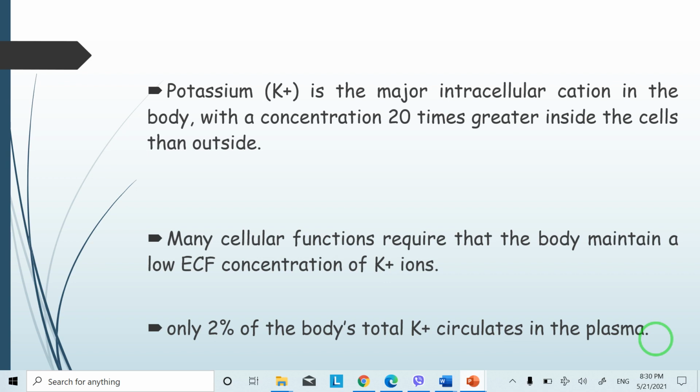So this ATPase always exchanges 3 sodium to outside the cell for 2 potassium to inside the cell.